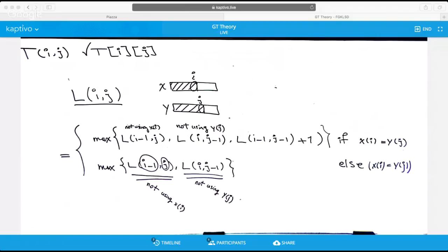And the third case is because they are equal, we can use both of them. And if we use both of them, then they will be matched to each other, and we will get a +1 for this last character that we have used, x_i and y_j. And we are left with two smaller substrings to solve the problem for.